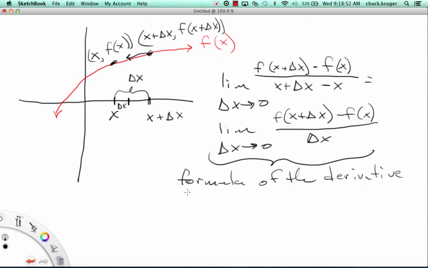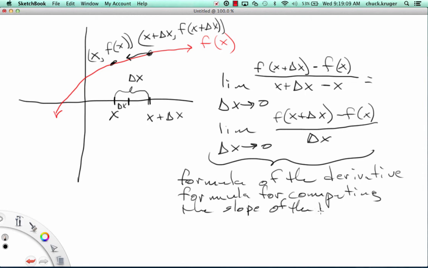In other words, it gives me a formula for computing the slope of the tangent line at any point on f of x.